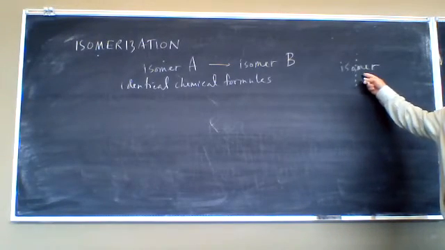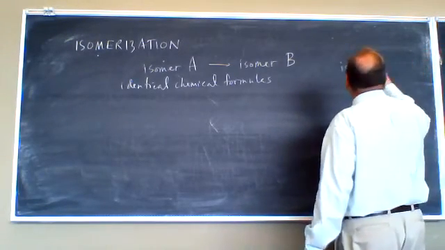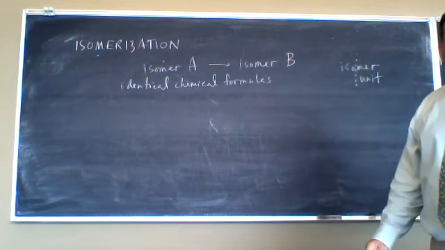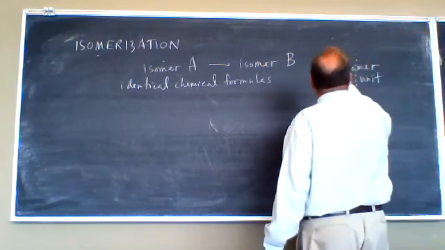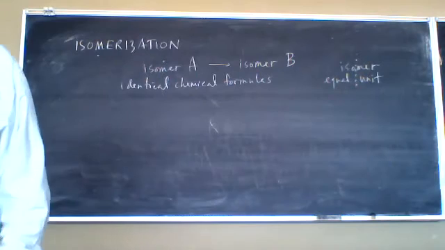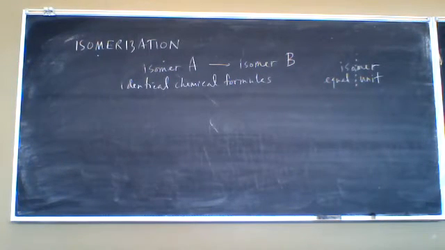Mer means unit. Iso, the same or equal. And so two chemical substances that are isomers of each other are equal units. They both have the exact same chemical formula. Now, one of the classic examples of this is a molecule called propene turning into cyclopropane.